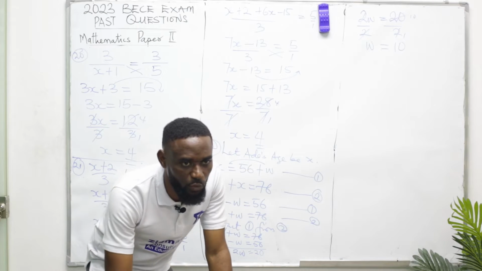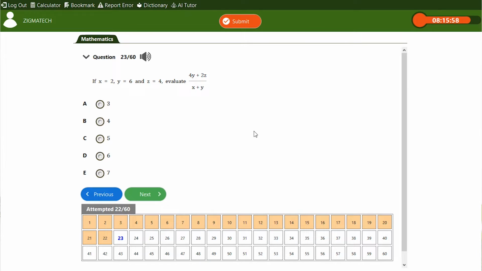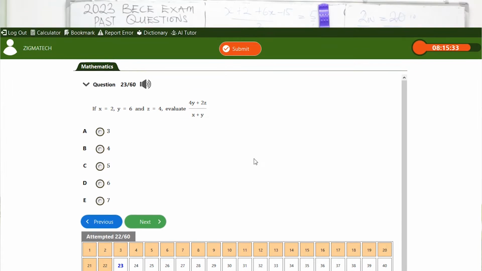Okay, so the next one is question number 23. 23 says, if x is equal to 2, y is equal to 6, z is equal to 4, evaluate 4y plus 2z all over x plus y.